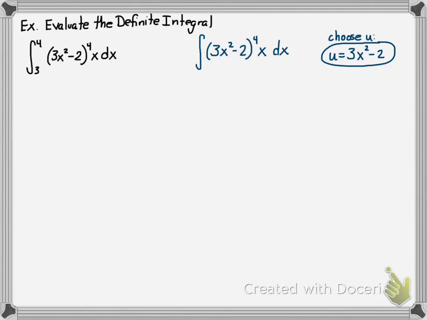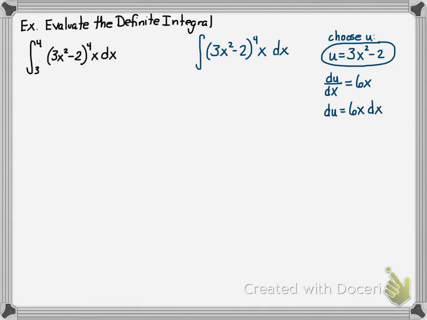And my steps for a u substitution are to, off to the side here, take the derivative. So the derivative of u is du over dx. And the derivative of 3x squared minus 2 is 6x. Okay, once I have du over dx equals 6x, then I want to solve for dx. So step 1 of solving for dx is to multiply both sides by dx.